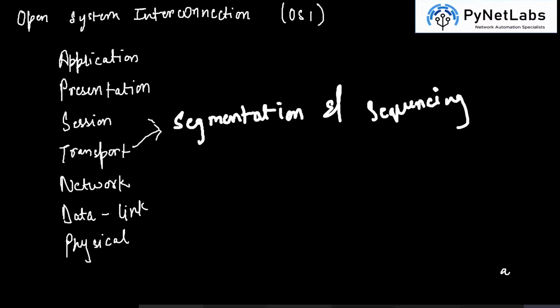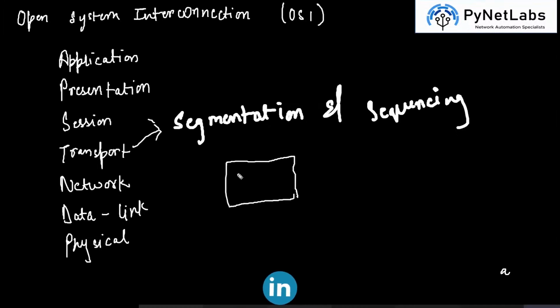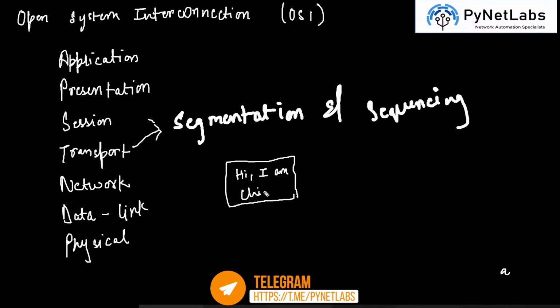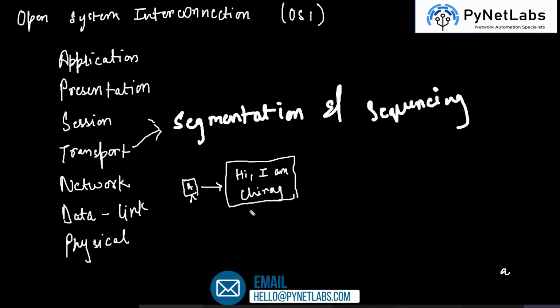What that exactly means is, let's say you have a message: "Hi, I am Chirag," and you send this data from PC A. Now this will be segmented into smaller parts, or you can say distributed into smaller parts.